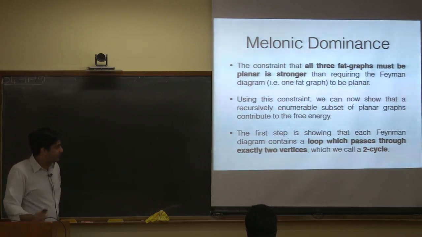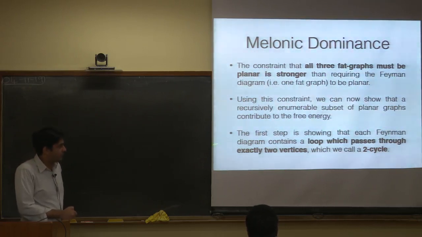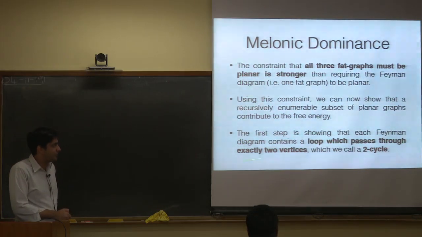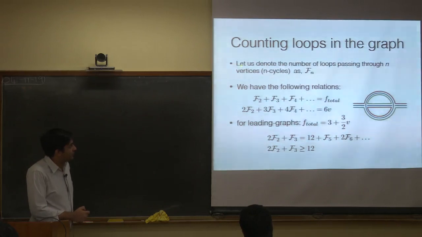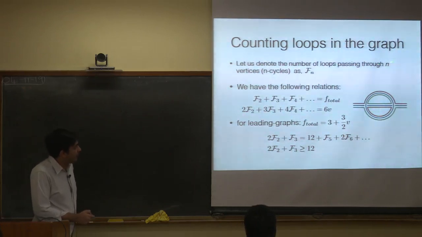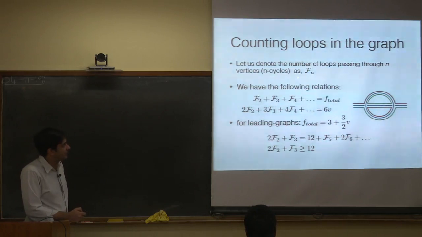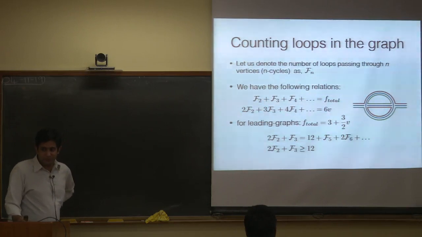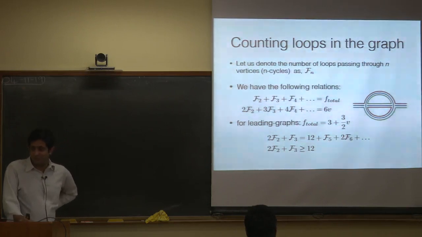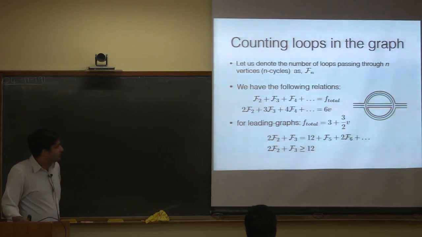Okay, so the second step in the argument is that any free energy diagram which contributes, which is maximal, contains a loop which passes through exactly 2 vertices, which we have to prove, and that's called a 2-cycle. The way we do this, let's denote the number of loops passing through n vertices, or n-cycles, as squiggly f sub n. So f2 plus f3 plus f4 and so on equals the total number of loops, because any loop passes through some number of vertices.